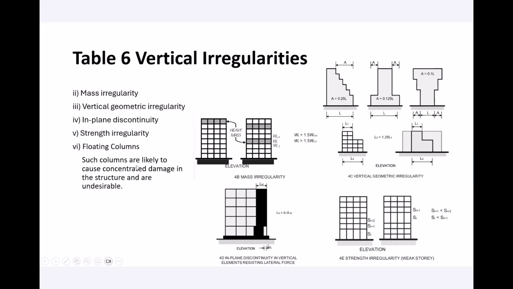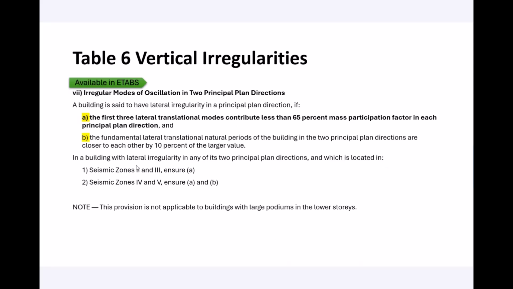Floating columns are not a desired item, but should be avoided in the lateral load resisting system. It is possible to model the floating columns. This will be in another discussion where we need to do some nonlinear analysis. So I'm keeping it for a future session, and skipping it for now.